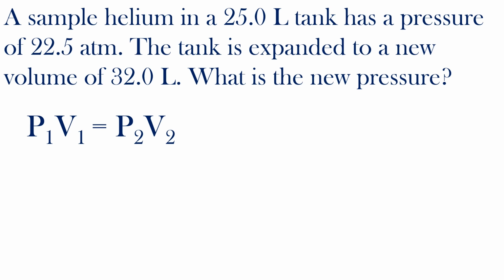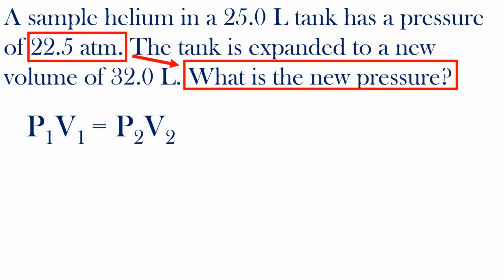A sample of helium in a 25.0 liter tank has a pressure of 22.5 atmospheres. The tank is expanded to a new volume of 32.0 liters. What is the new pressure? First, notice how the volume is changing, and the pressure is changing.